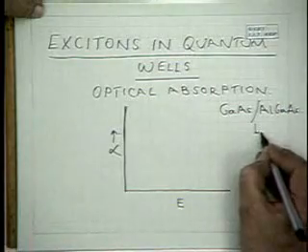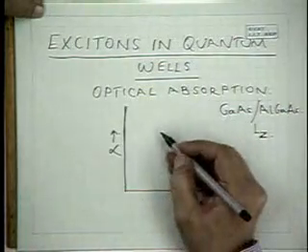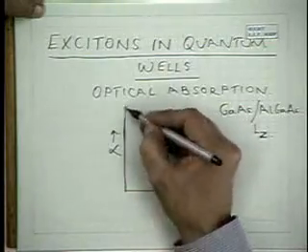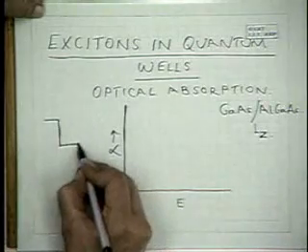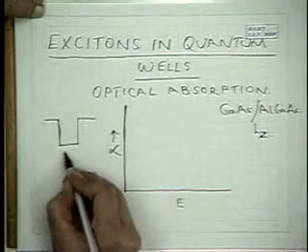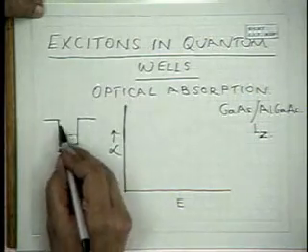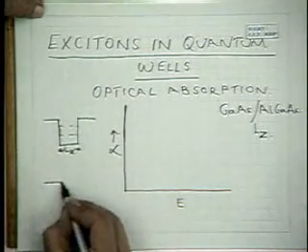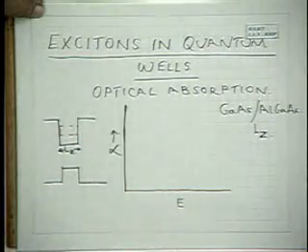With wells with Lz, it was found even at room temperature one could find features. Lz is the width of the well in which electrons are located.